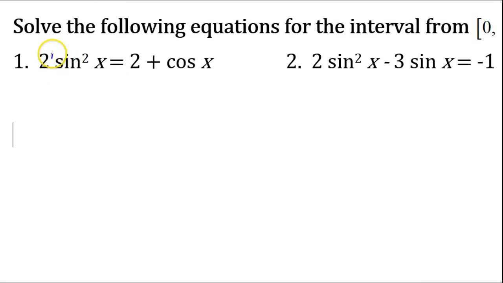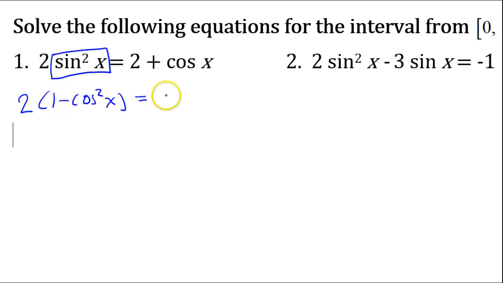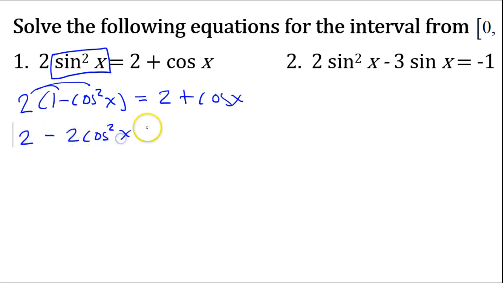Okay, so sine squared is equivalent to 1 minus cosine squared. So this is going to become 2 times 1 minus cosine squared x, and that's equal to 2 plus cosine x. If we do the distributive property now, then we have 2 minus 2 cosine squared x is equal to 2 plus cosine x.